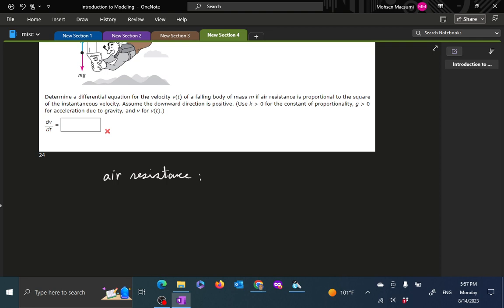Here we make the simplifying assumption. Air resistance in some problems is proportional to how fast you're going. In that case, we say it's proportional to velocity. Since it is opposing the velocity, it's going to be negative of that, and there's going to be some constant. Einstein is very brave.